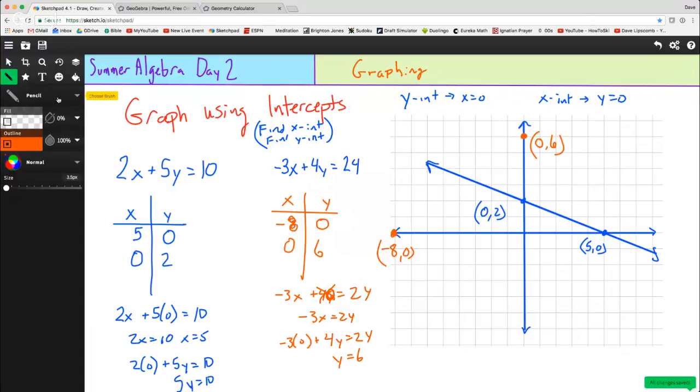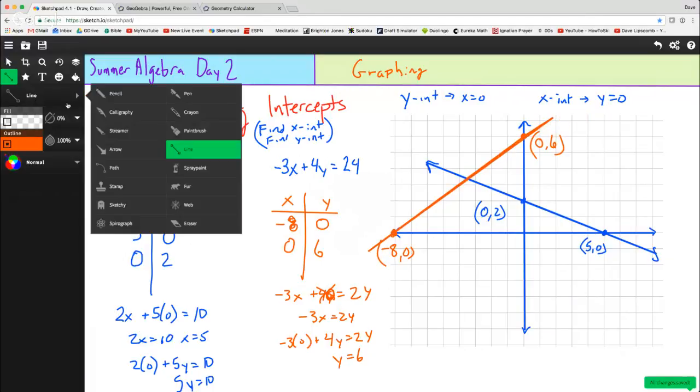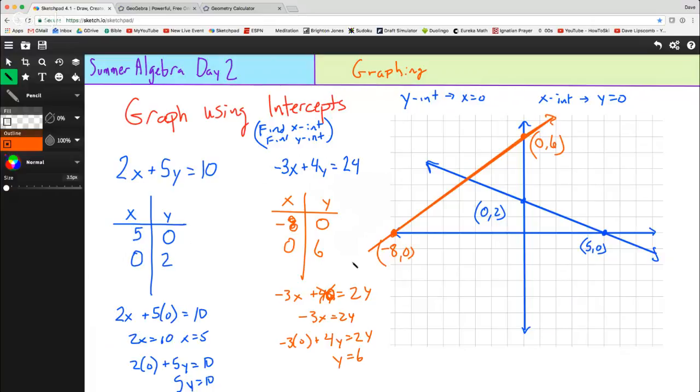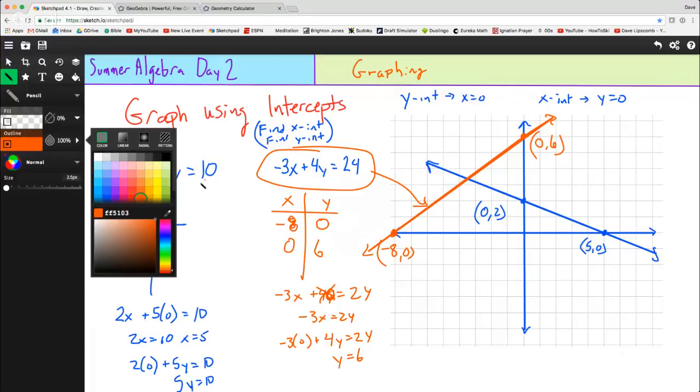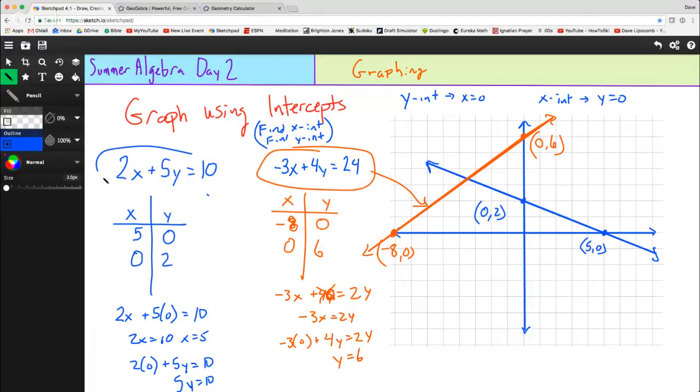Now to draw a straight line between those 2 points, simply do that. And there we have it. We've graphed our orange line, and then we've graphed our blue line here. So that's graphing using intercepts.